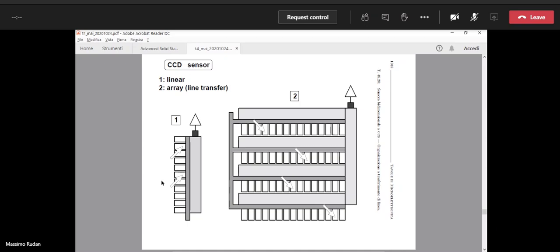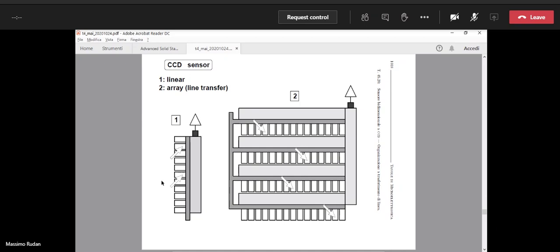Okay. Of course, this implementation can be multiplied in order to achieve a two-dimensional arrangement. This is visible in the figure number 2. In this case, the individual sensors are oriented horizontally.